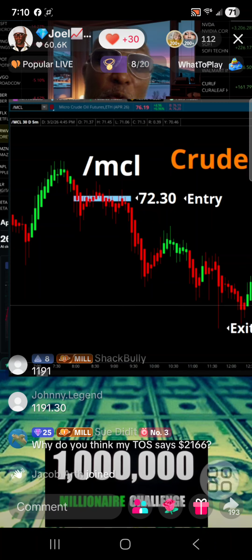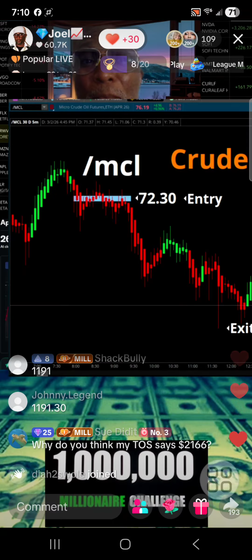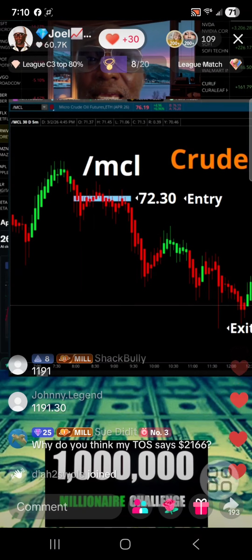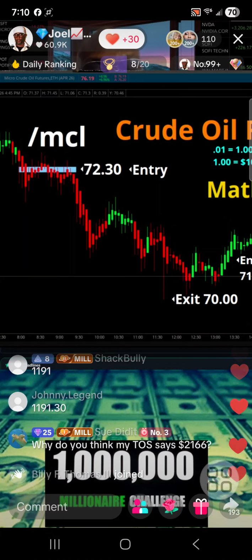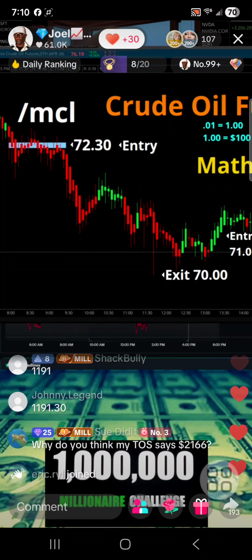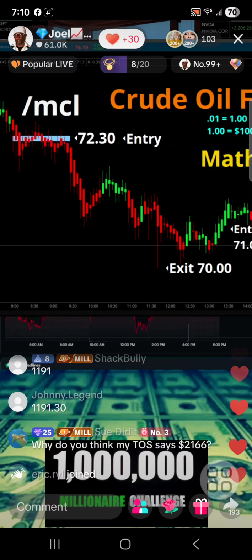These are for the people that are betting on the market going down. That means you only make money if the market is going down. Your entry is going to be 72.30. If we drop from 72.30 to 70, how much money did I just make if I was betting on oil going down in price?